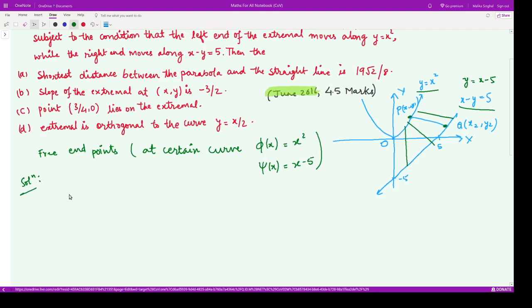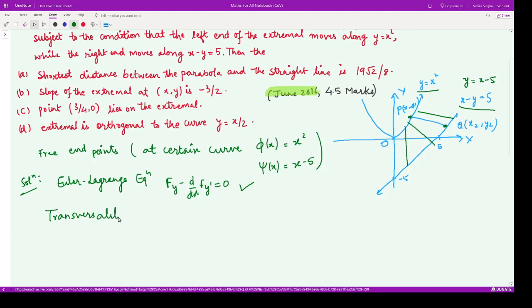First of all, to solve such questions, our Euler-Lagrange equation must be satisfied. What is that? F_y - d/dx(F_y') = 0. This must be satisfied. Another, we have transversality conditions. What are those?